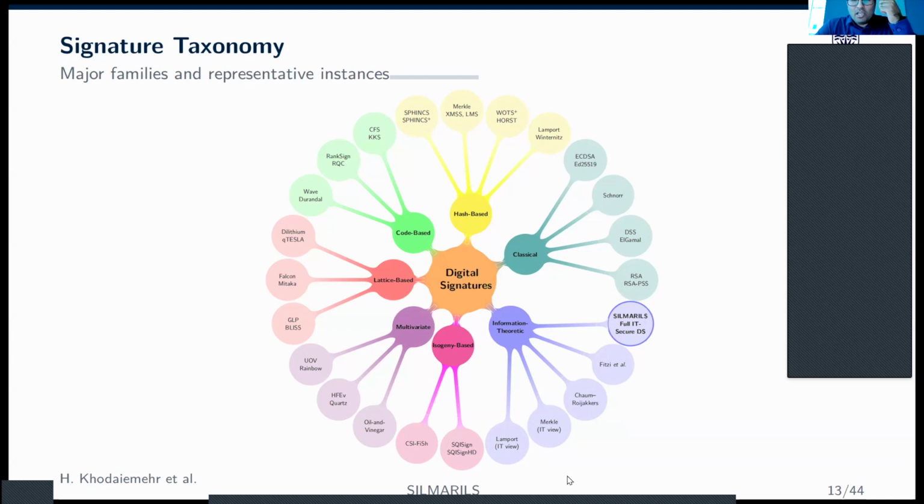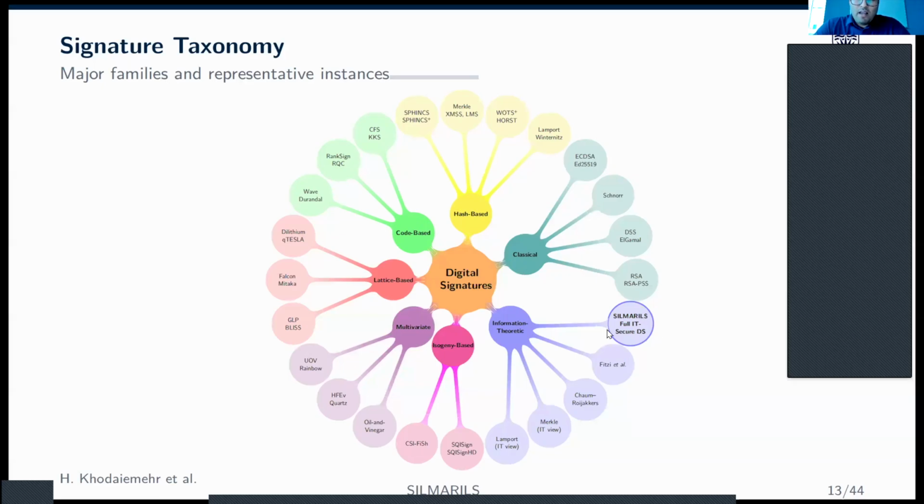SILMARILS sits at the intersection of an IT core with designated verifier semantics. And when you need it, you can combine it with the three-party information checking scheme. So SILMARILS can be considered a combination of this mind map and another mind map that focuses on designated verifier digital signatures, because we have two.